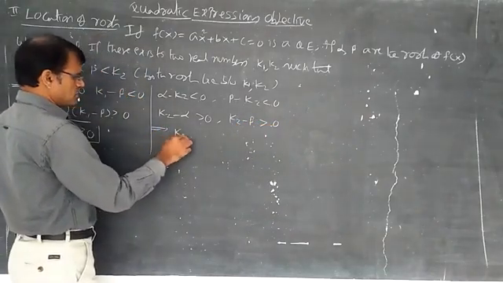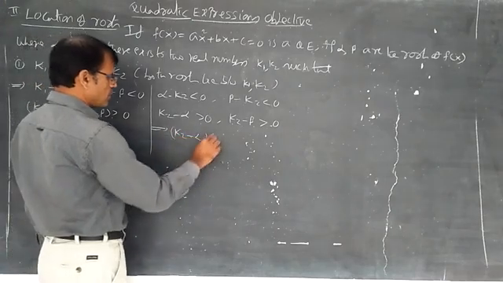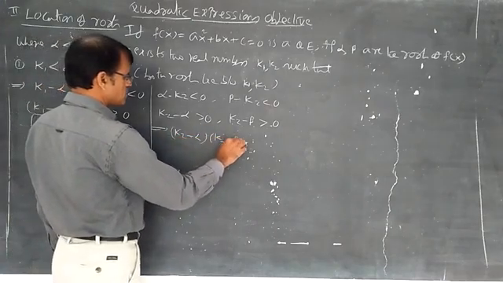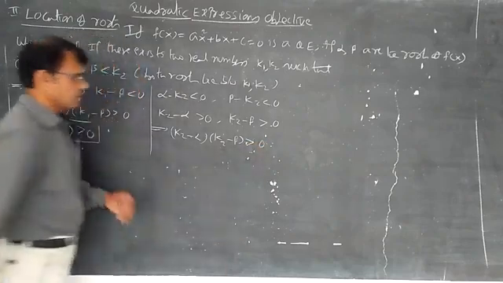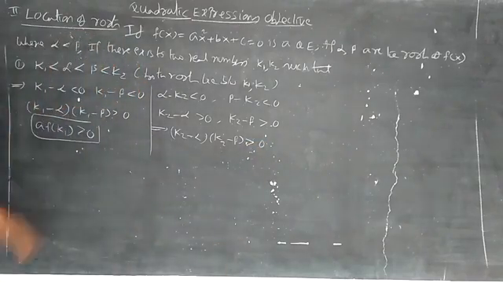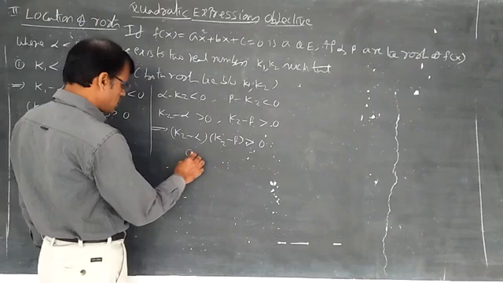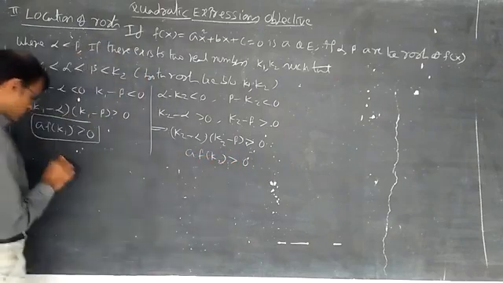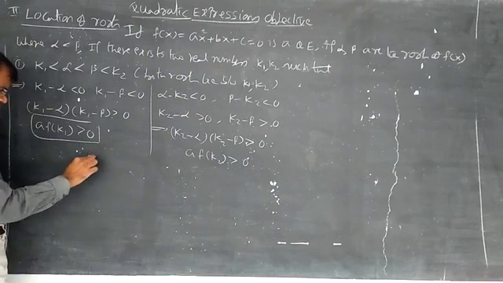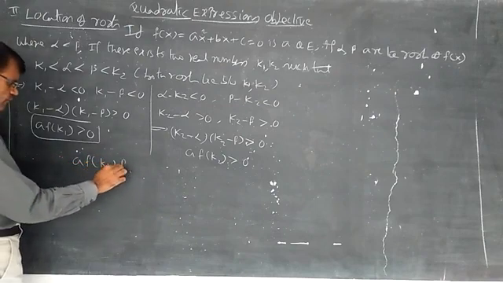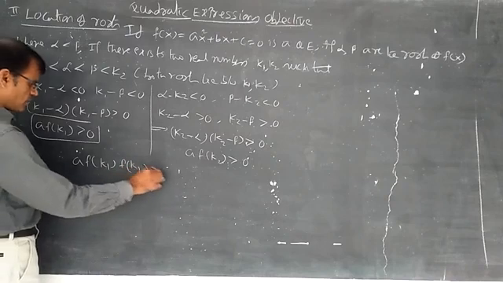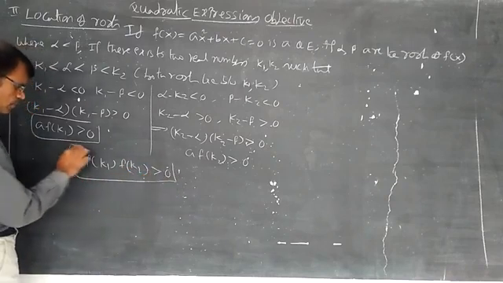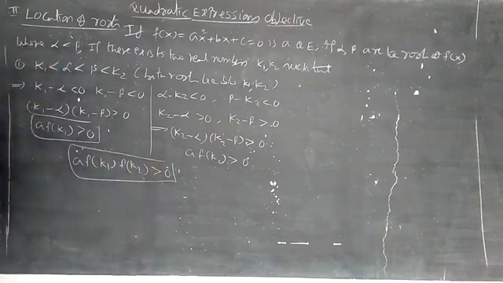That implies k2 minus alpha into k2 minus beta is greater than 0, plus into plus. So a into f of k2 greater than 0. Therefore, we can conclude that a into f of k1 into f of k2 greater than 0. This is a property.